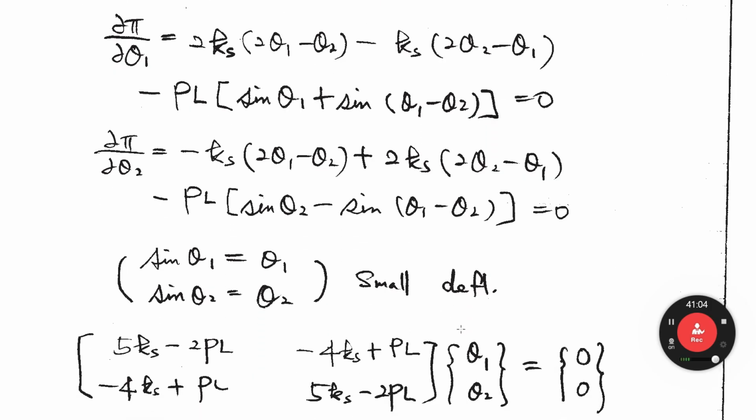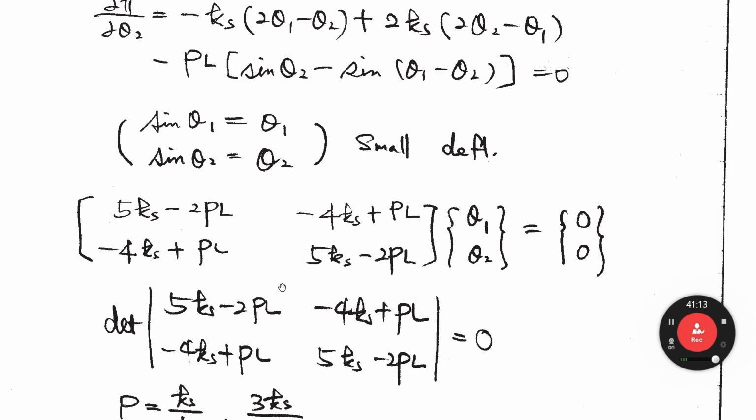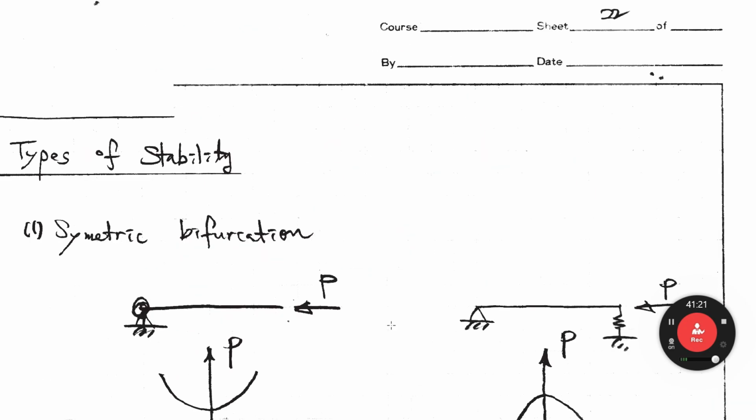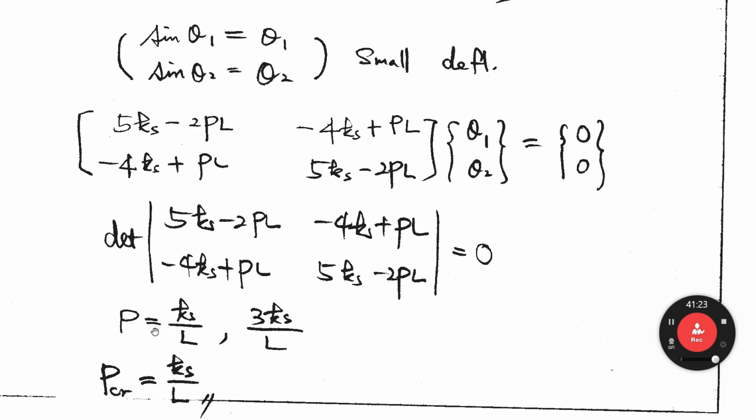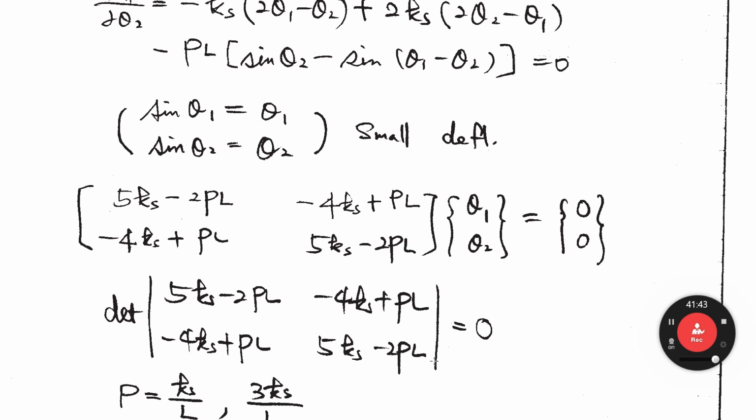For a perfect system, it is a small deflection problem: sin theta 1 equals theta 1, sin theta 2 equals theta 2. And then if you rewrite in matrix form like that, in order to get the solution, you can take the determinant. Then from this equation, you get P equals Ks over L and 3Ks over L. So you can get the same PCR. If you plug in these values, then you can also get the same mode shape.